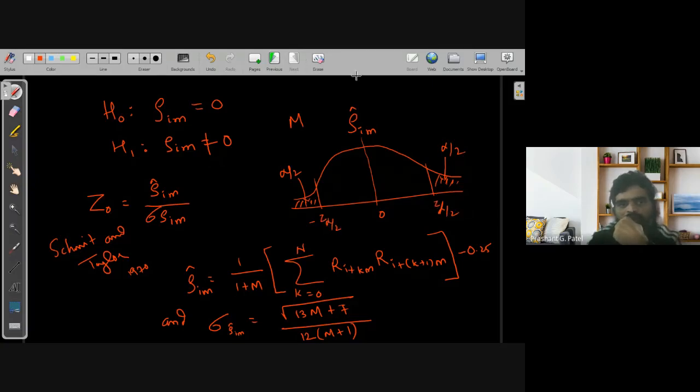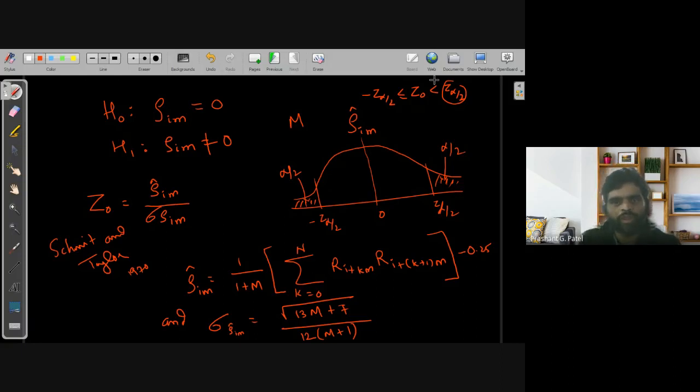Here alpha is the level of significance, and this value z alpha by 2 can be obtained from the normal distribution table. If it is between these two, then we can accept that independency is there, otherwise not.